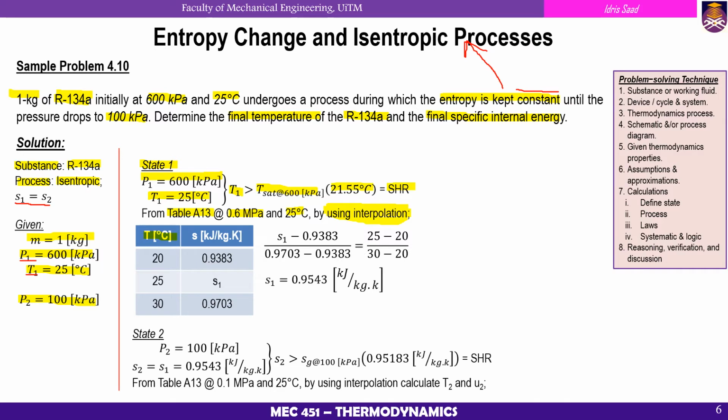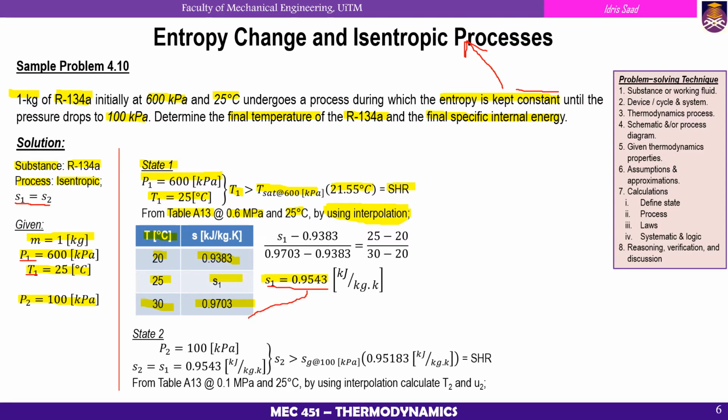At T equal to 20 degrees Celsius, S is 0.9383. At 30 degrees Celsius, we get 0.9703. From this, we can perform the interpolation. So we get the value of S1 is equal to 0.9543 kilojoule per kilogram.